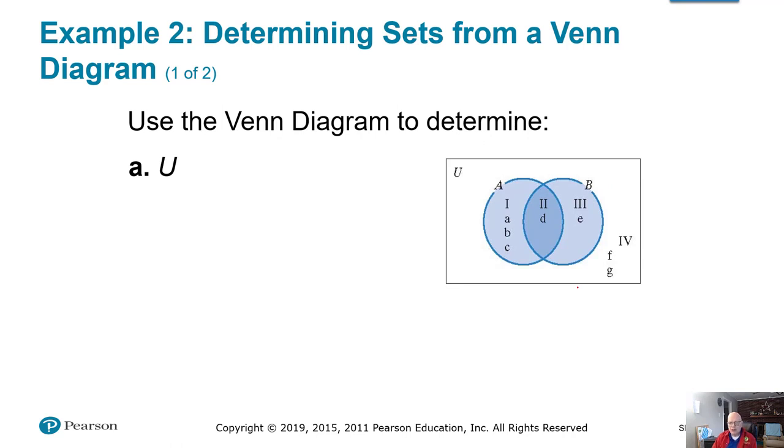Use the Venn diagram to figure out what U is. So U, what's that? It's the universal set. Can you fill in the blank? It should have everything inside the rectangle.